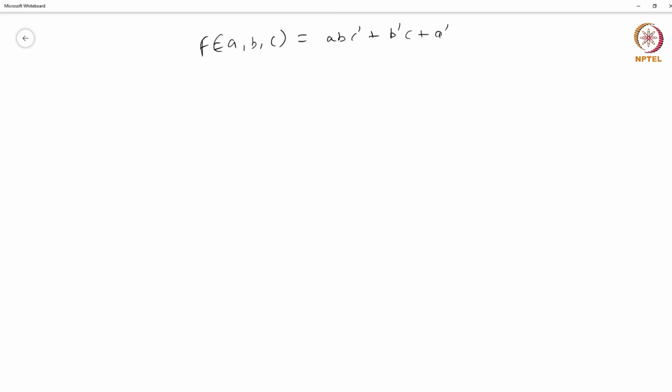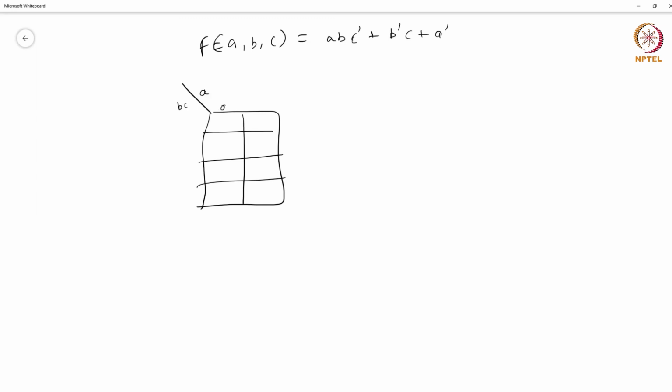To optimize a function which is given to us, we can also create a K map corresponding to it. Now you see that min terms are not given, but we can still create a K map, which is helpful here. That's why we are not writing 0 1 2 3 4 5 6, but we can directly write from here.